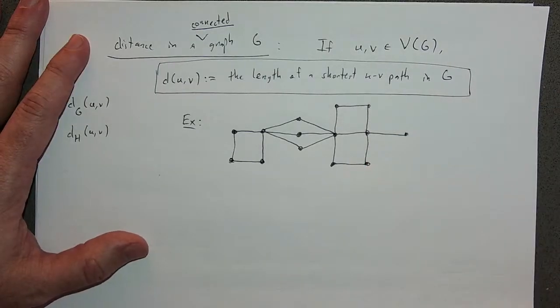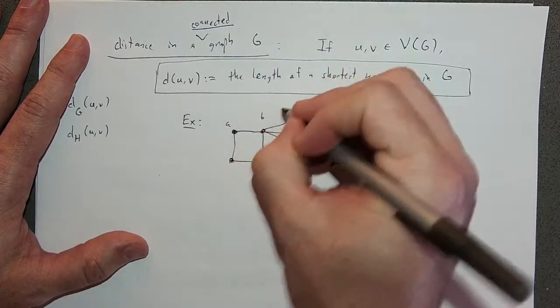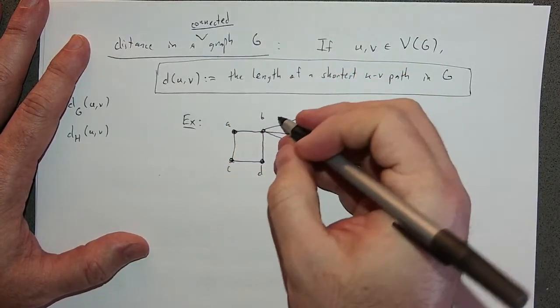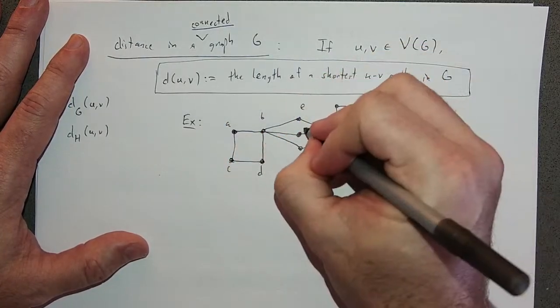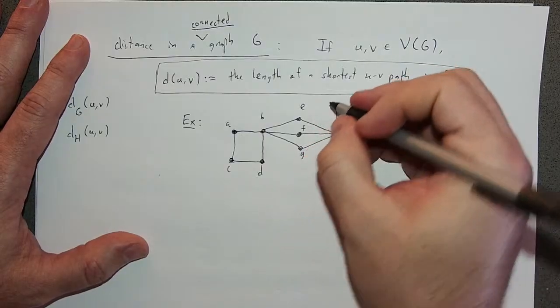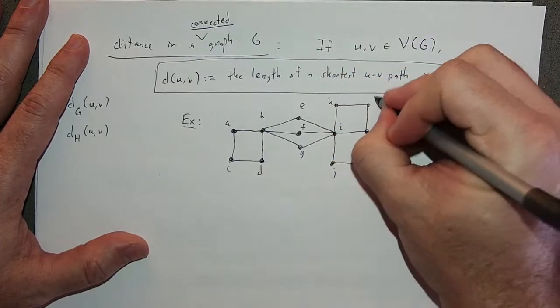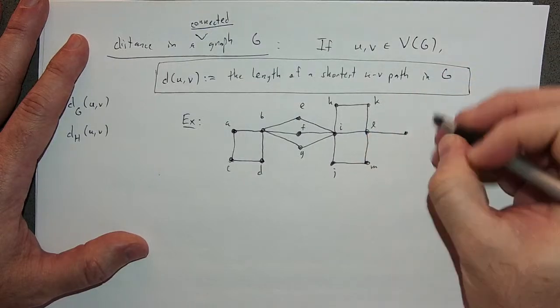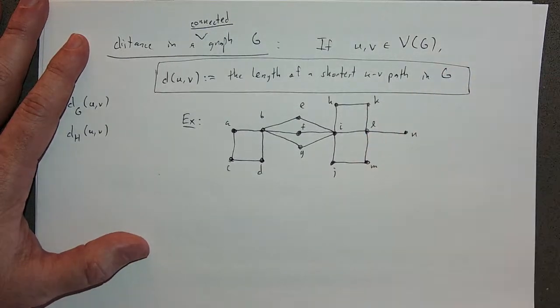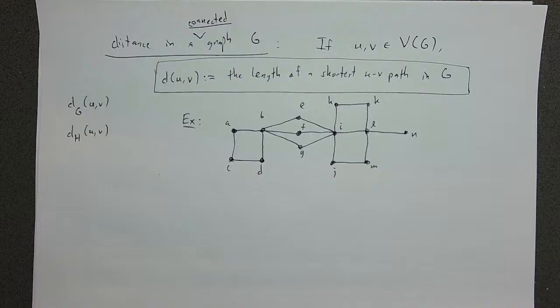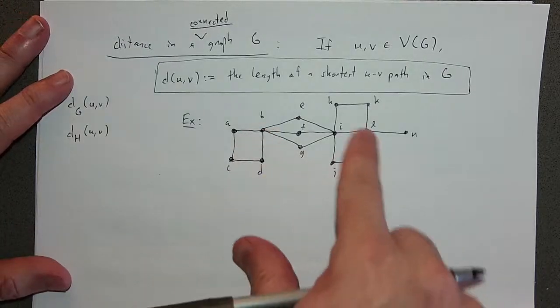Let's label these: A, B, C, D, E, F, G, H, I, J, K, L, M, N. So there's our graph here. The question is, what is the distance from, say, B to K?